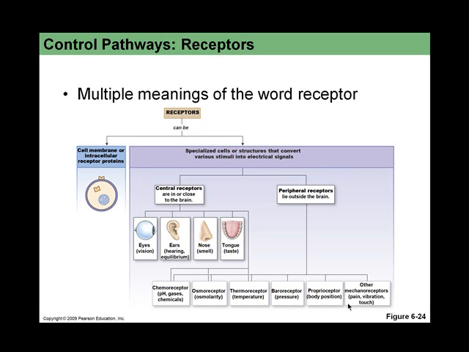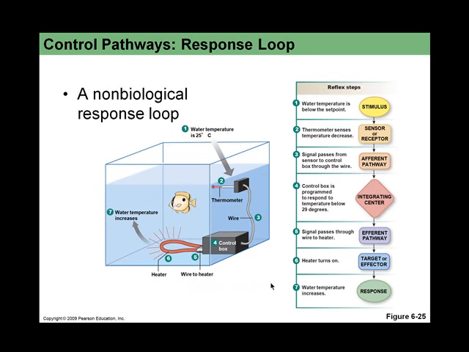Proprioception is for body position, and then mechanoreceptors for pain, vibration, and touch. So obviously, when we discuss and study the sensory nervous system in detail, we'll look at these much more closely.